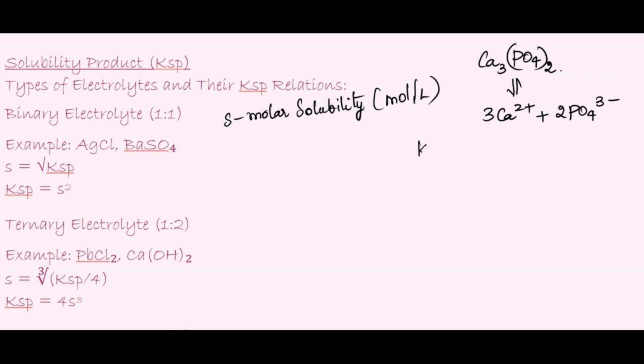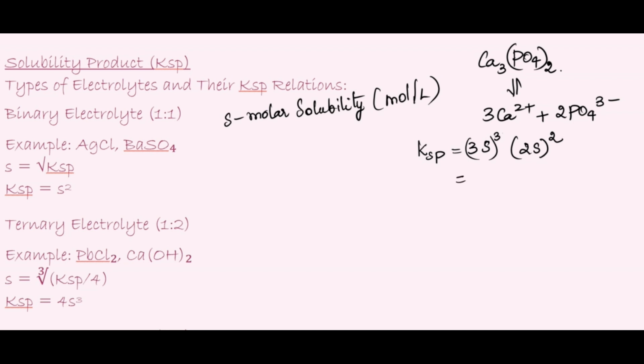So how will you find KSP for this? First you have to understand one thing. 1 mole of calcium phosphate gives 3 moles of calcium ion and 2 moles of phosphate ion. So here it goes as 3 moles of the solubility of calcium, that is S to the power 3, into 2 moles of the solubility of phosphate, to the power 2.